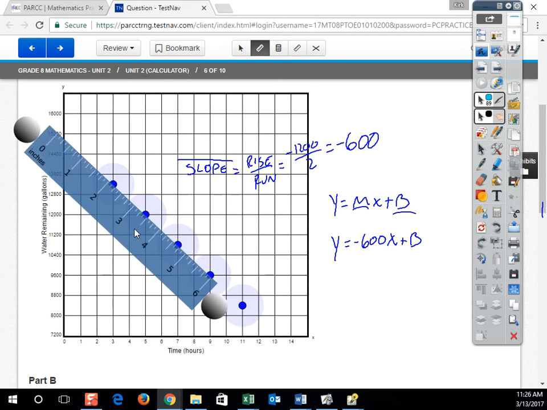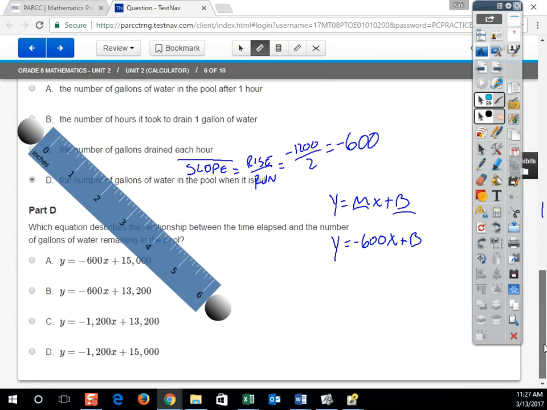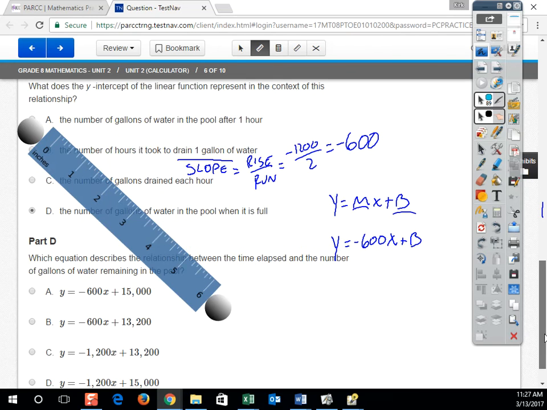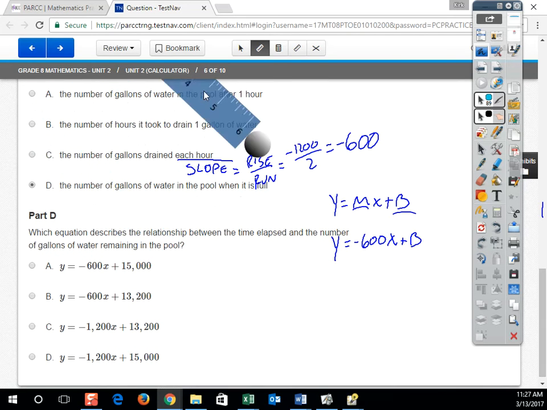And so if I get a line here, it's getting really close to 15,200 gallons. So then let's go ahead and scroll down and look at our options here for a y-intercept. Well, clearly, the 13,000 doesn't make sense. And our slope is negative 600, so therefore, my equation has to be A.